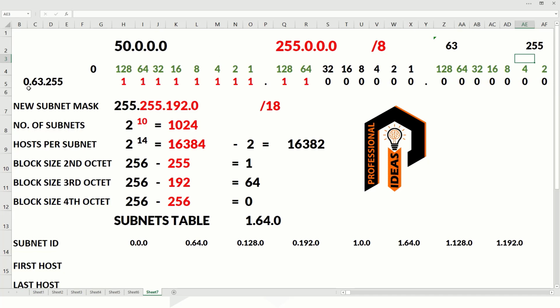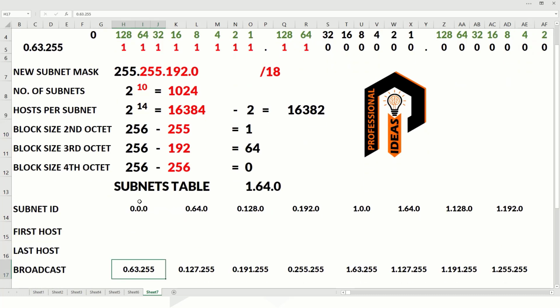Hence we get 0.63.255, and by adding it to each subnet ID, we get 0.63.255 as the broadcast address for the 0.0.0 network and 0.127.255 for the 0.64.0 subnet, and so on.